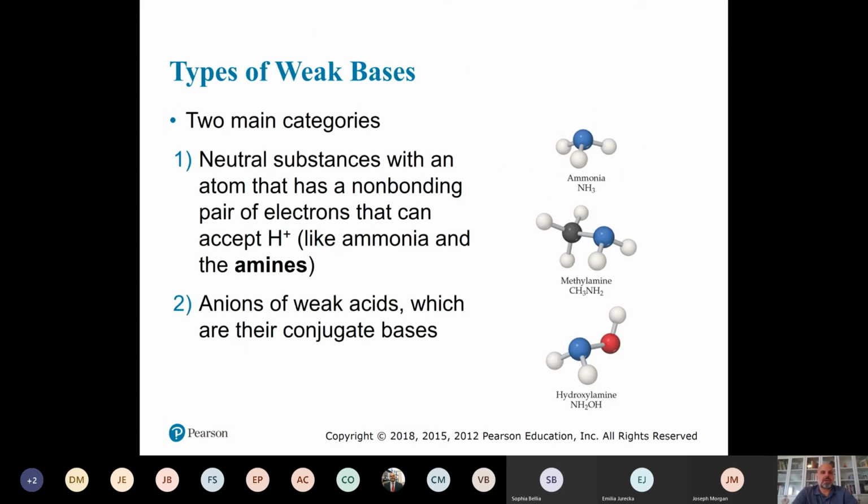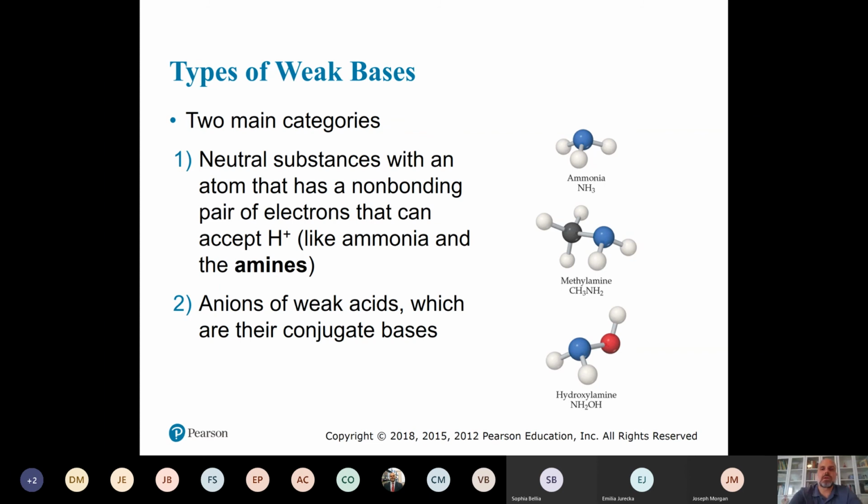So when we're talking about bases, there are two types of weak bases. Their categories are neutral substances with an atom that has a non-bonding pair of electrons that can accept protons, like ammonia and the amines. And then you have anions of weak acids, which are their conjugate bases.